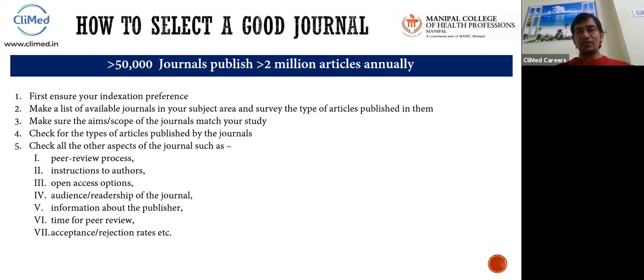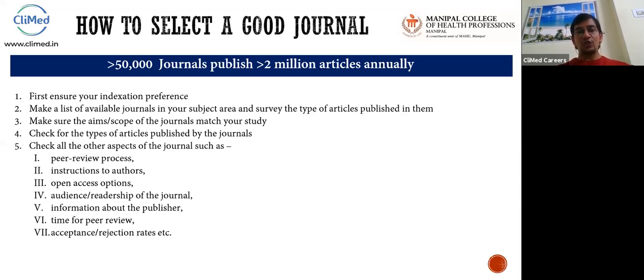So we have to select the article types. Some journals only publish the experimental part. Some journals are only for review papers and systematic reviews in that area. So after the area also, you have to survey the types of article the journal generally publishes, correct?